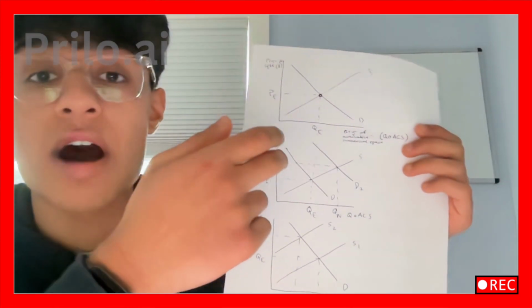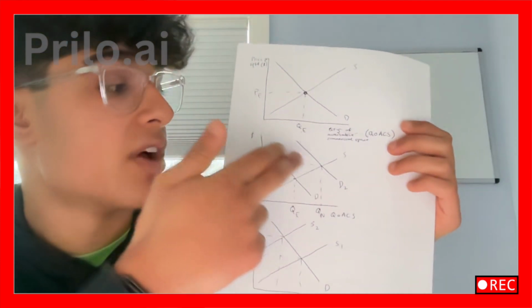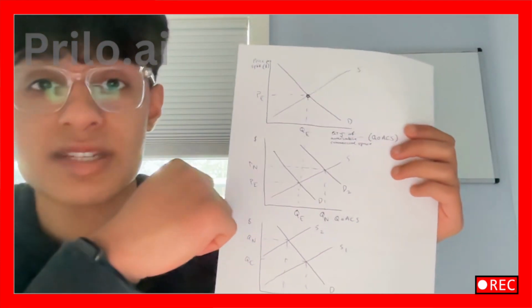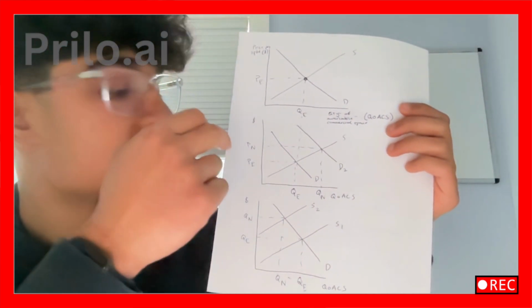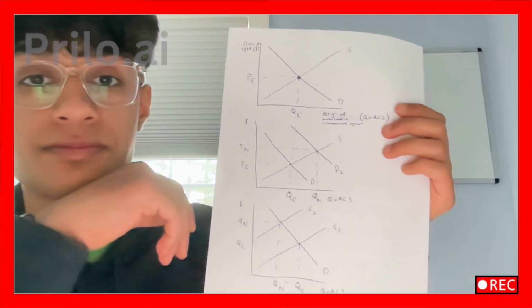Now, let's say there was an opposite effect in which demand fell due to less business confidence. That would just create a lower equilibrium price and lower equilibrium quantity.